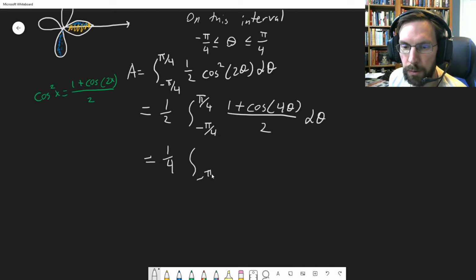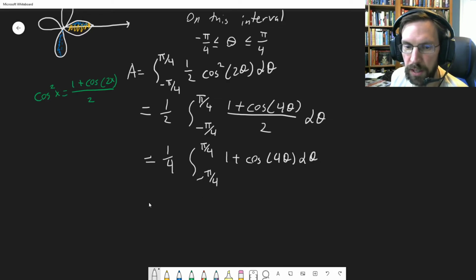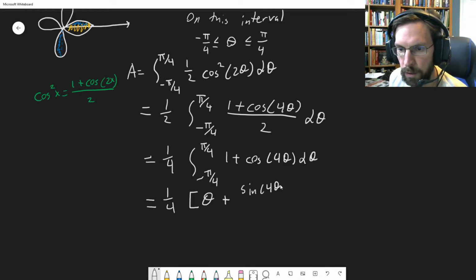So this is the integral from negative pi over 4 to pi over 4 of 1 plus cosine 4 theta d theta. This is a basic antiderivative. So 1/4, this becomes theta plus sine 4 theta over 4, evaluated at our endpoints, negative pi over 4 and pi over 4.